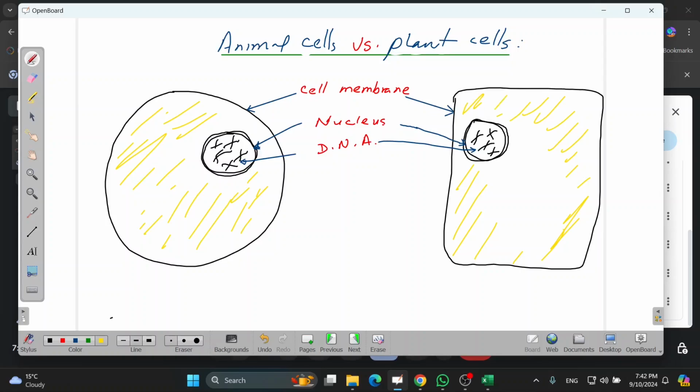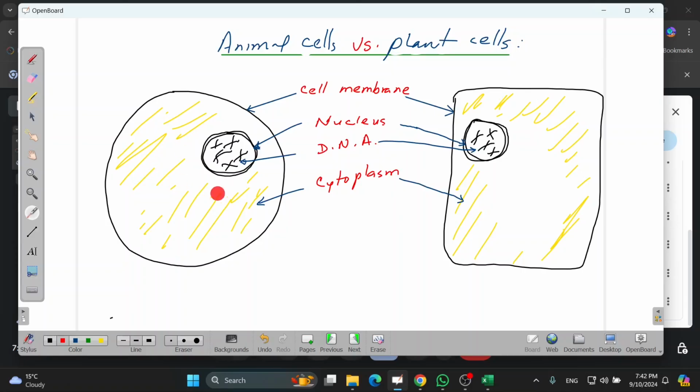What do we call that? We call that cytoplasm, right? That jelly-like material, we call it the cytoplasm. It's a fluid, it's a liquid, right?